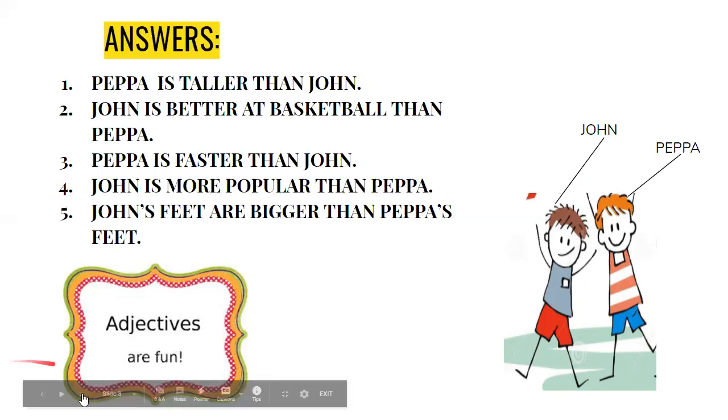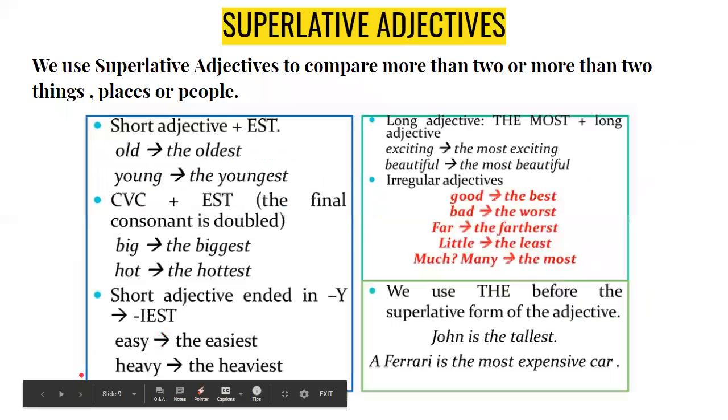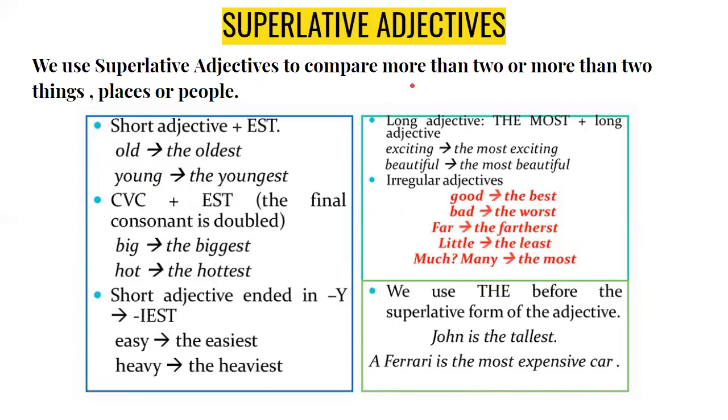Let's continue and talk about, last but not the least, our superlative adjectives. We use superlative adjectives to compare more than 2 things or places or people. More than 2 is the key word. These are formed in a similar way, but not the same, a similar pattern.